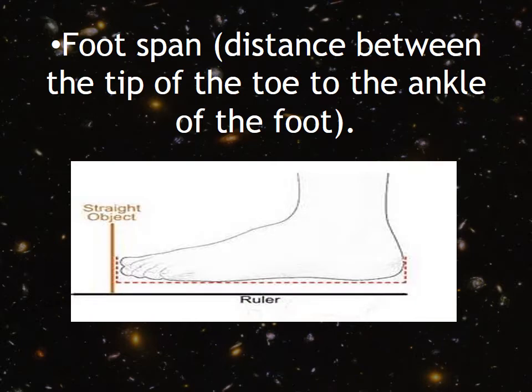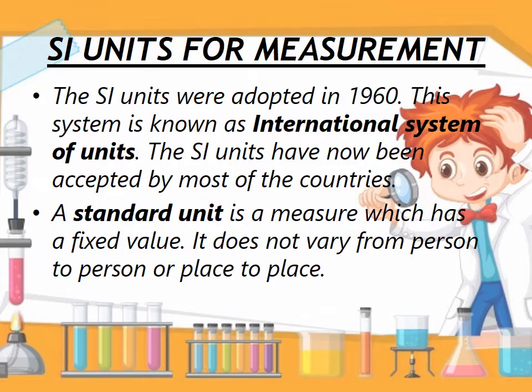Footspan: the distance between the tip of the toe to the ankle of the foot. The above units of measurements were not reliable because the length of the body parts varies from person to person. To remove these problems, scientists all over the world developed a standard system of units known as SI system.